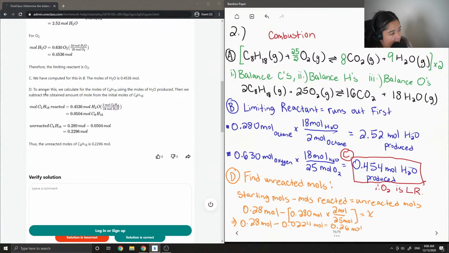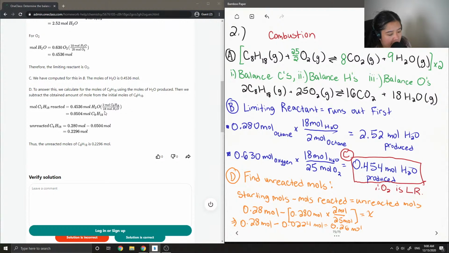To answer this, we calculate the moles of octane using the moles of H2O produced. Then we subtract the obtained amount of moles from the initial moles of octane. Okay, so they found the moles of octane that reacted by multiplying by the molar ratio of octane and water.